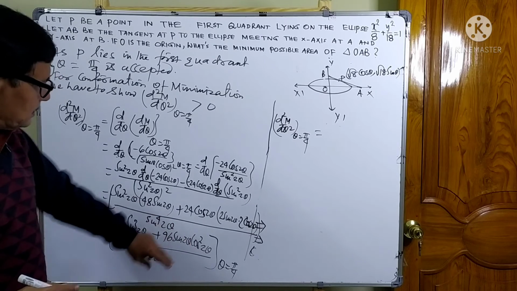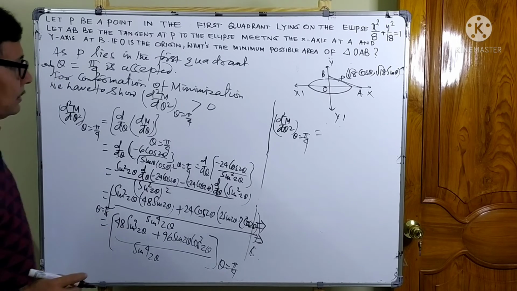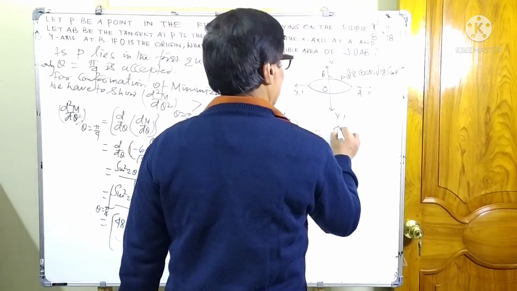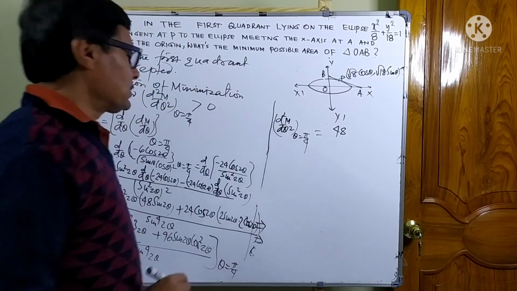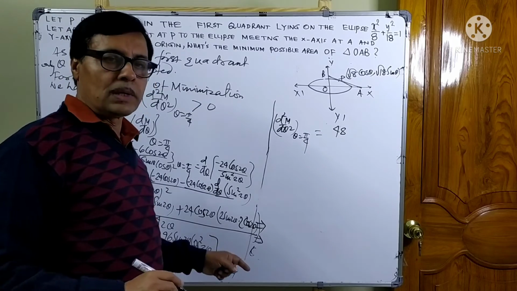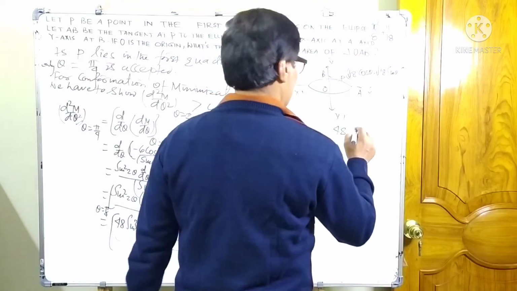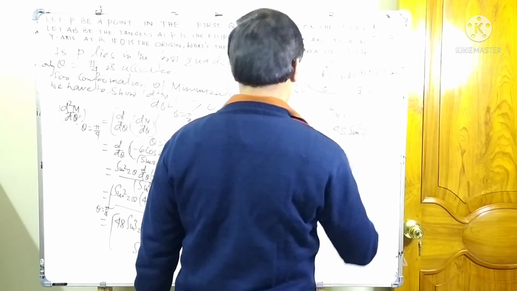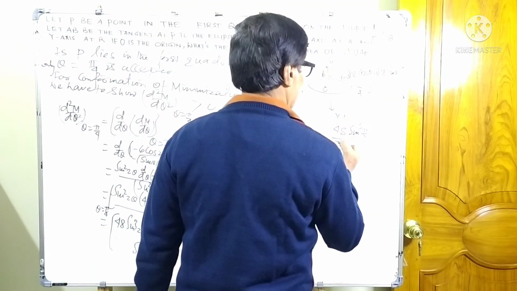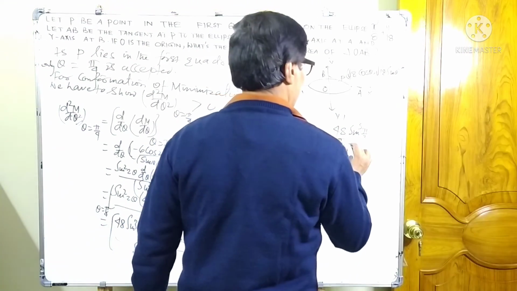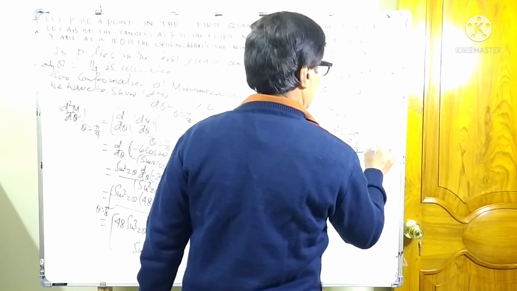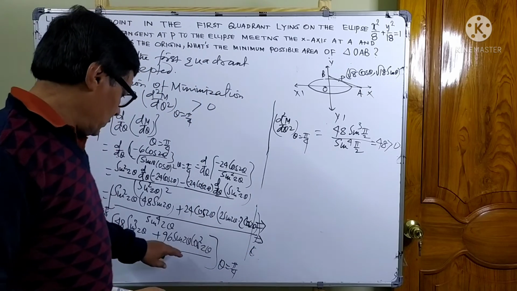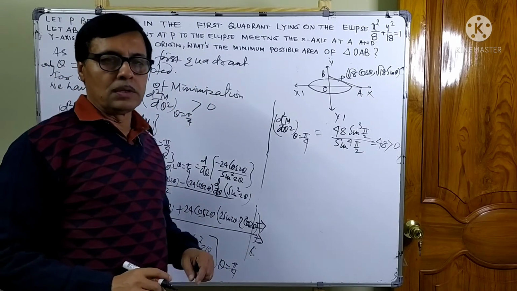So, this term vanishes, only this term remains, and the value of d2m d theta 2 at theta equal to pi by 4 is 48 sin cube pi by 2 over sin 4 pi by 2, which is 48, which is greater than 0.